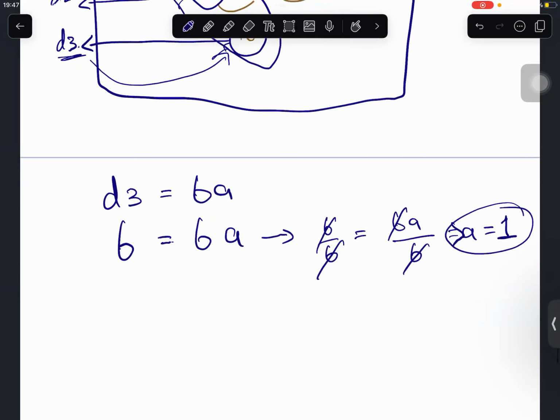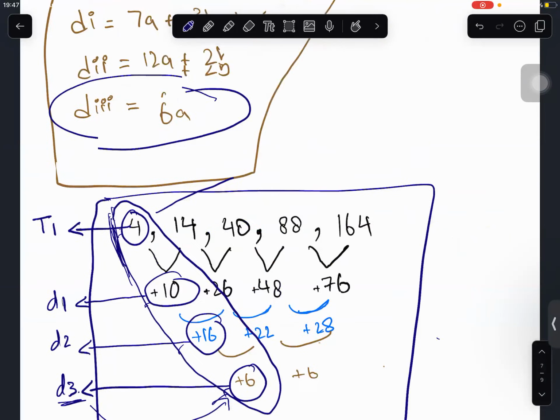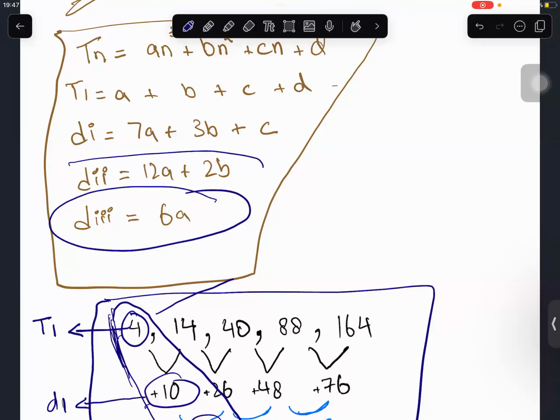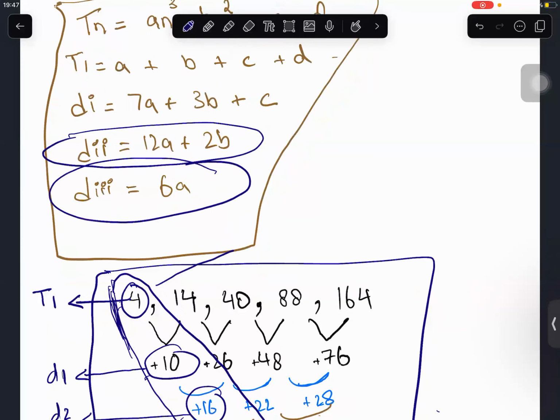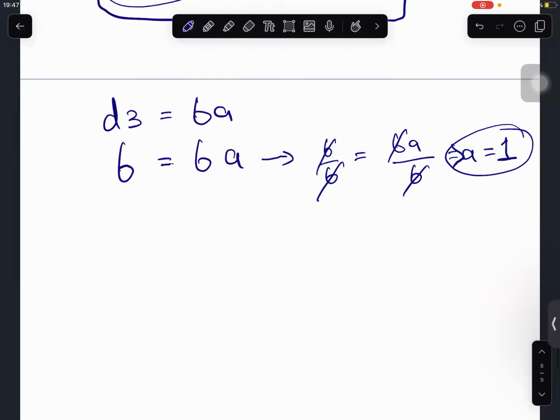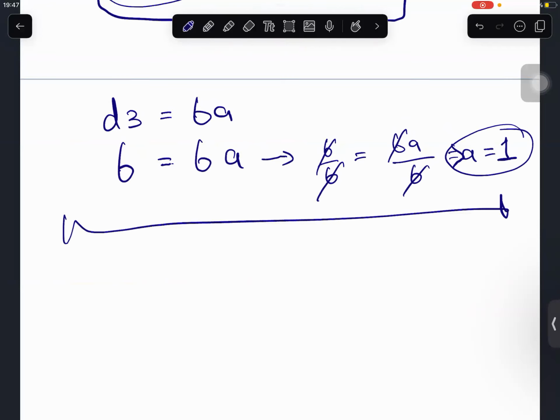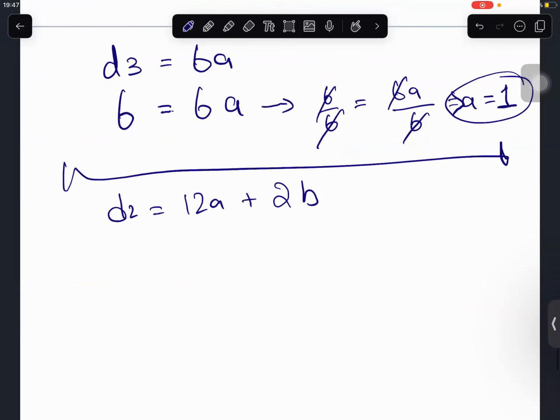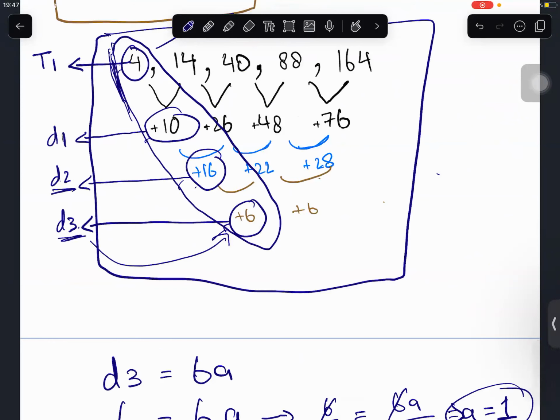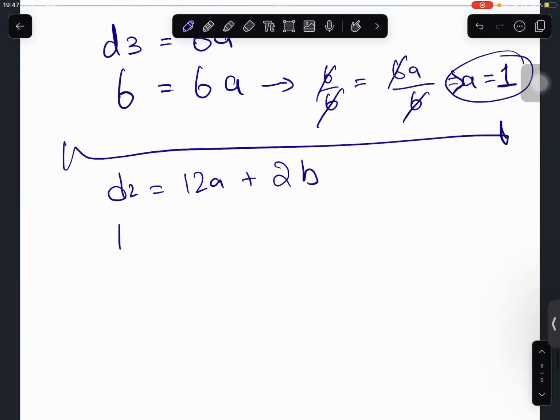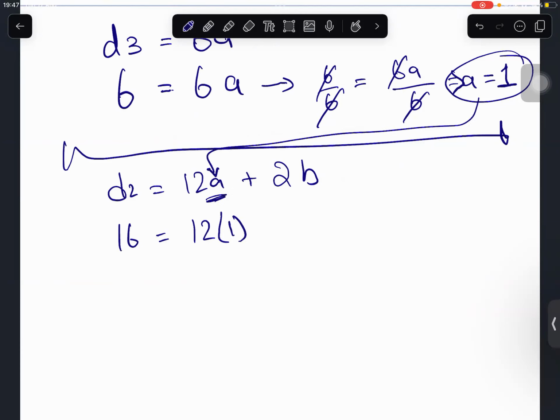It's just plugging into equations. Once you have A, you move on to the second equation, which is D2 equals 12A plus 2B. Your D2 is 16. So 16 equals 12 times A. You just found A, which is 1. 12 times 1 plus 2B.